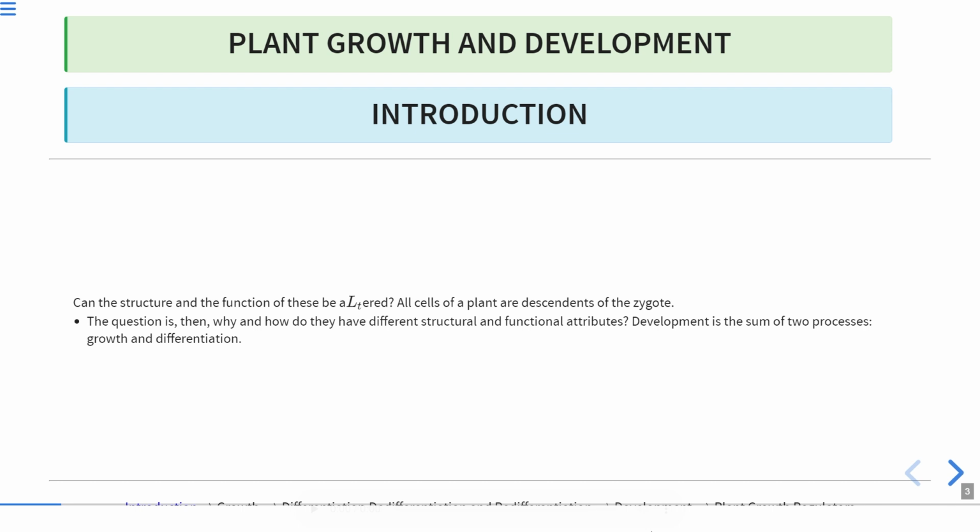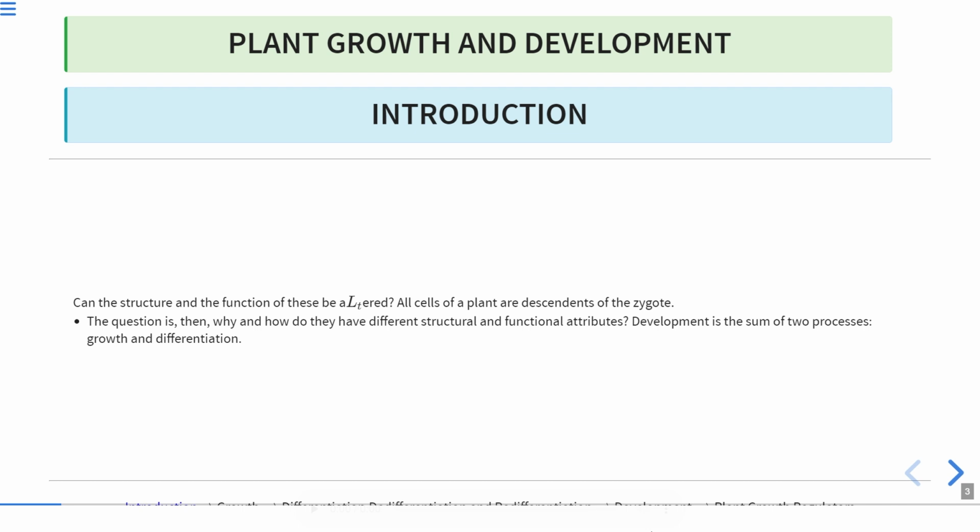An organ performs different functions, right? So if we say that the plant is in the development stage, it means that development is the sum of two different processes. What are those two processes? Growth and differentiation, right?